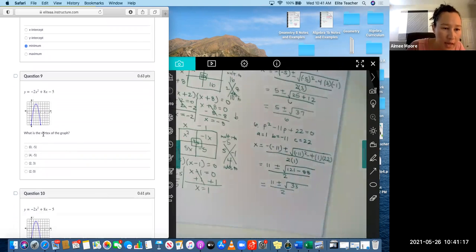Okay, what is the vertex of this graph? So here's our vertex.